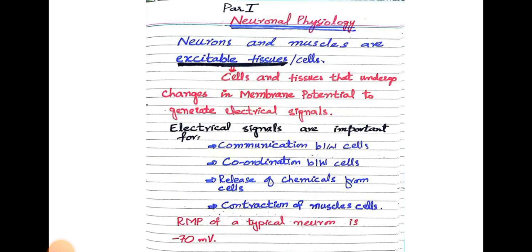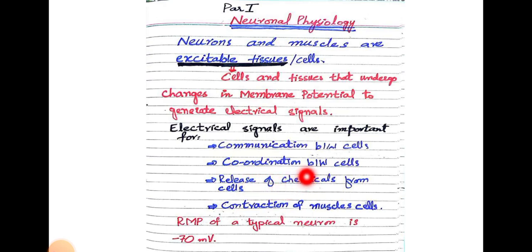Now, let's come back to our neuronal physiology introduction. Neurons and muscle cells are excitable cells. Excitable cells and tissues are those that undergo changes in their membrane potentials, and these changes are called electrical signals. Electrical signals are important for communication and coordination between cells, and for the release of chemicals from cells.